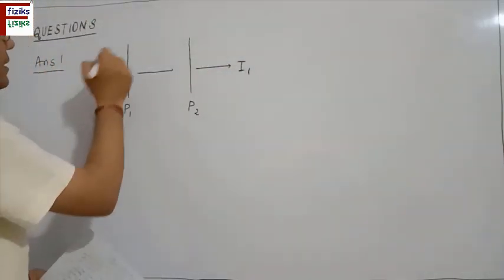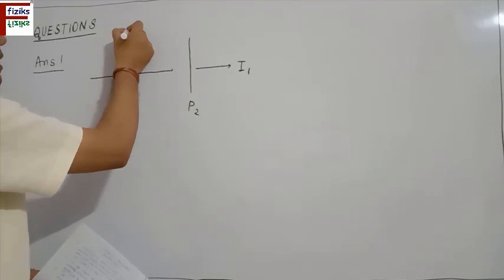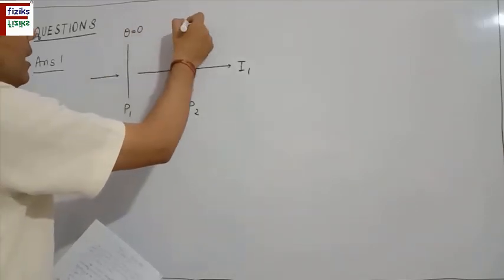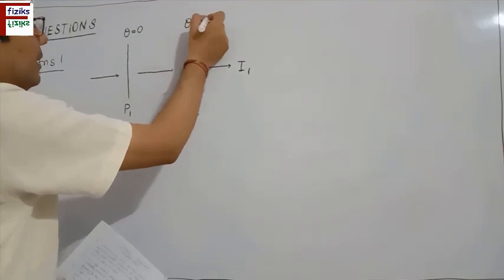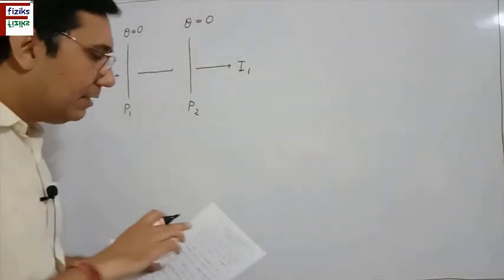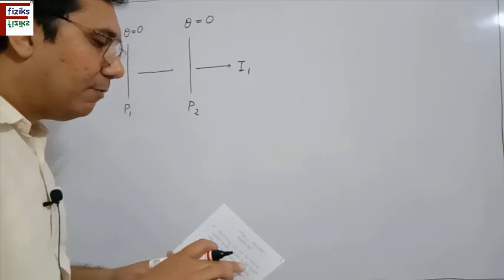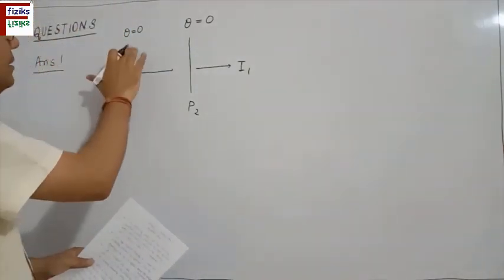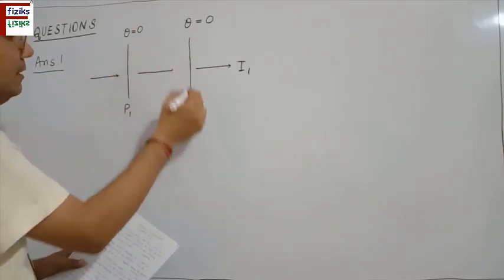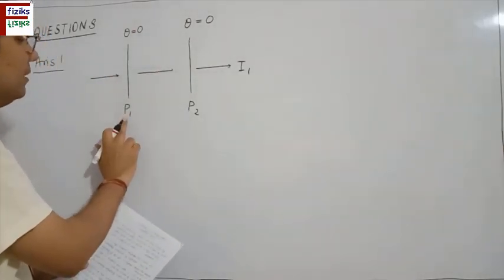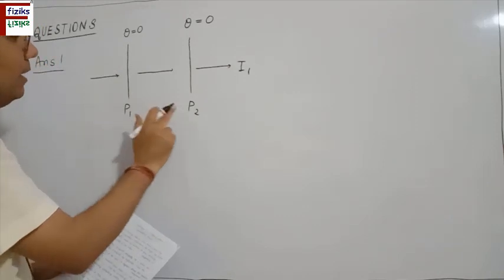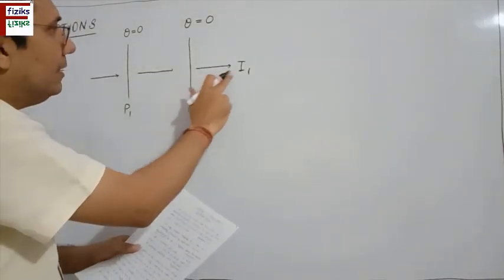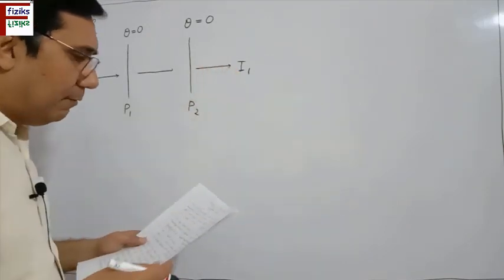Initially theta equals 0. The two polarizing sheets have their polarizing directions parallel, so the pass axis of P1 is at theta equal to 0, and again for P2 it is at theta equal to 0. Here the intensity is, suppose, I1.